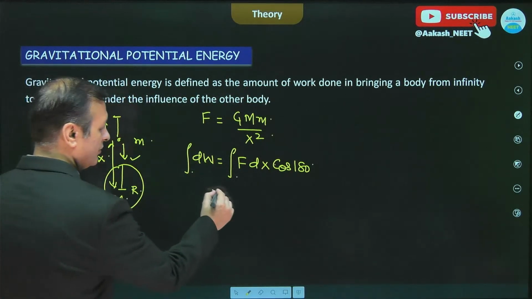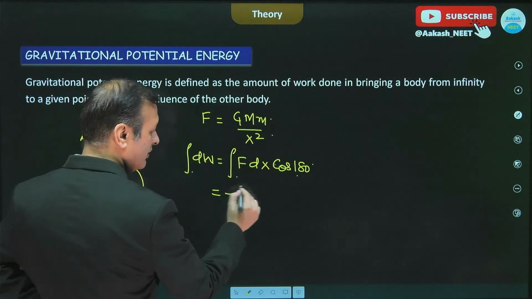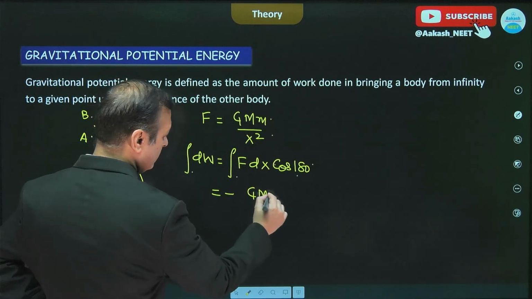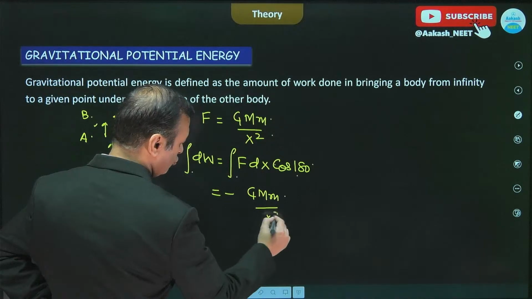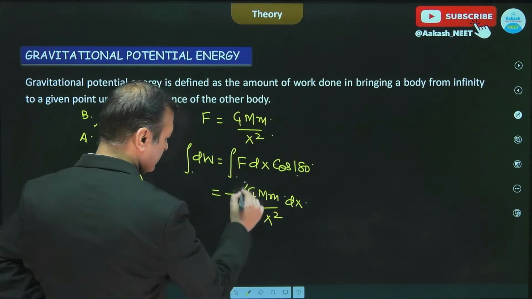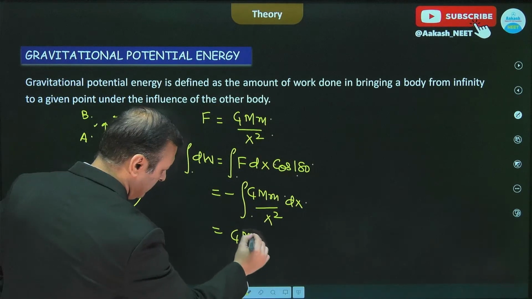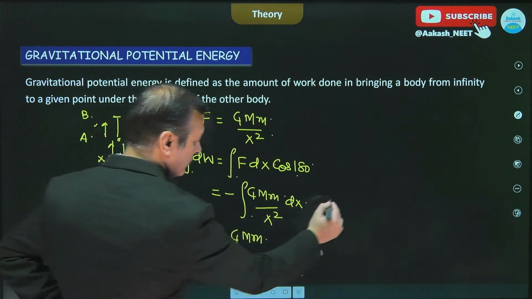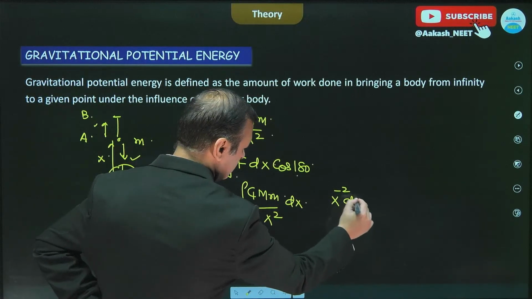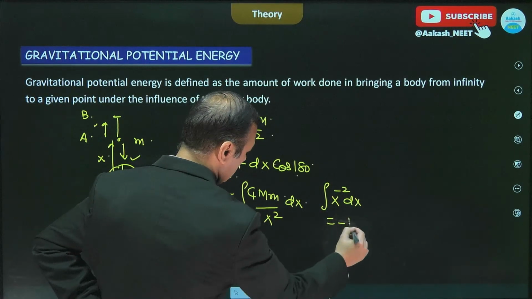Got it? So that gives you minus, and this is GMm by x square into dx, and this is capital G capital M, and when you do the integration of this part, that gives you minus 1 by x.